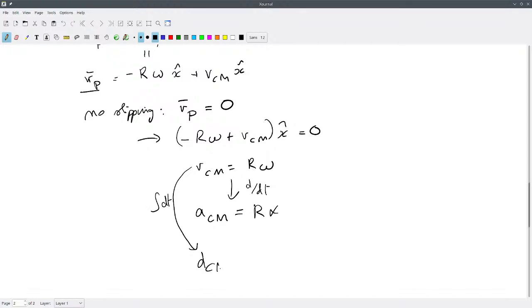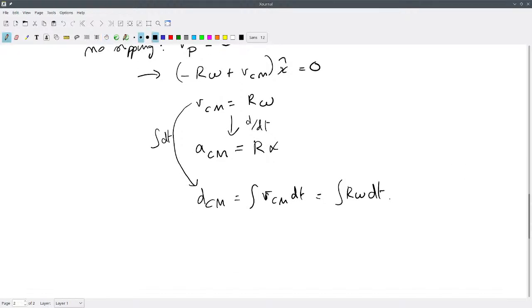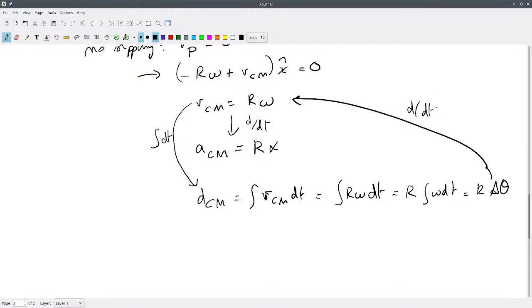That gives us the distance traveled by the center of mass: the integral of Vcm dt, or the integral of r omega dt, or r times the integral of omega dt, and that is r times d theta, or r times theta, the angle that is traveled. And of course this gives us the velocity if we apply the first time derivative to it.